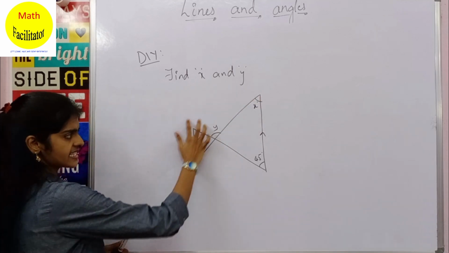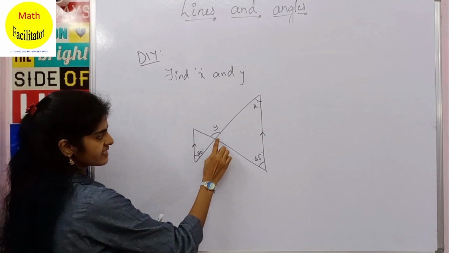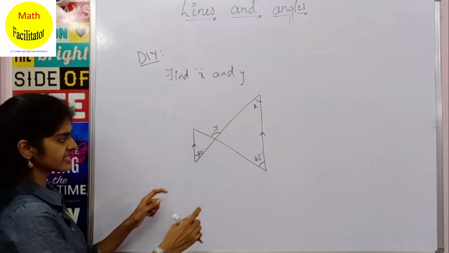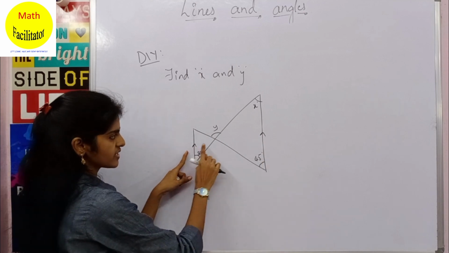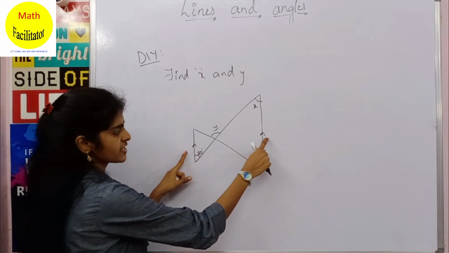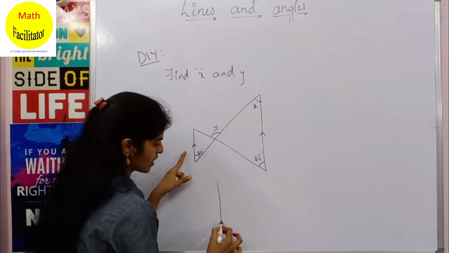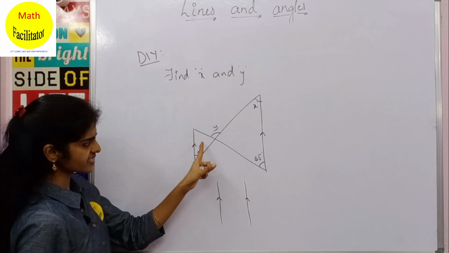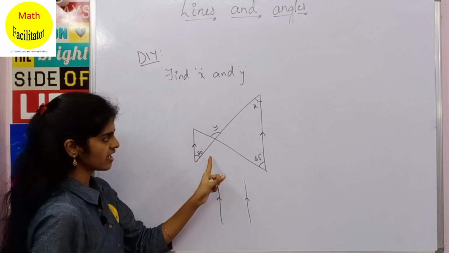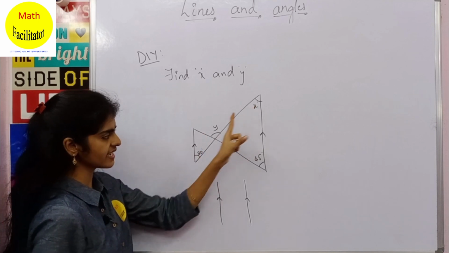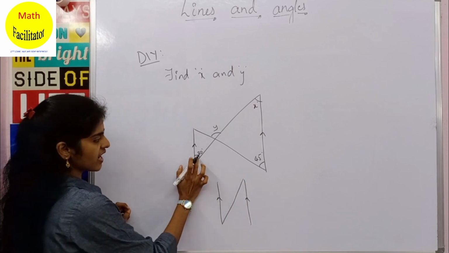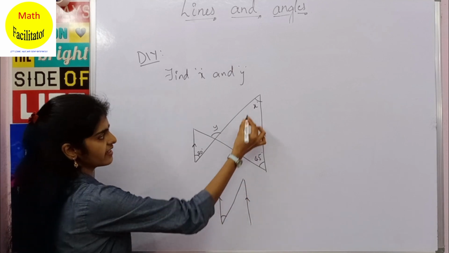How? Just see this figure. You can see this is one triangle and this is the other triangle. It is given that these two lines are parallel. You see there are arrow marks, that means these two lines are parallel. Consider this as the transversal. Here you have one angle 30 and one angle x.